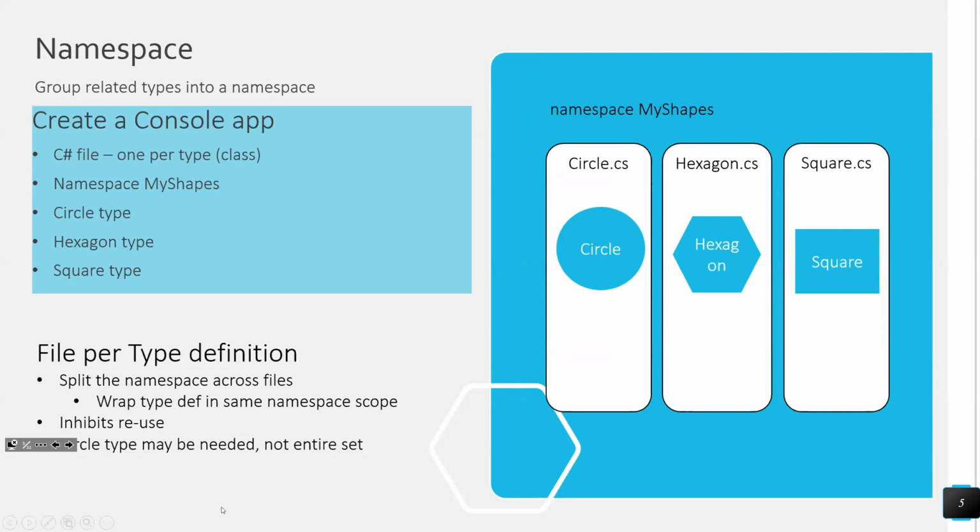Use its own .cs file. If we do that, now we've added that extra flexibility: if we just need a circle, we could just include our circle and we wouldn't need to worry about the other data types. So you can see the difference in those two applications.